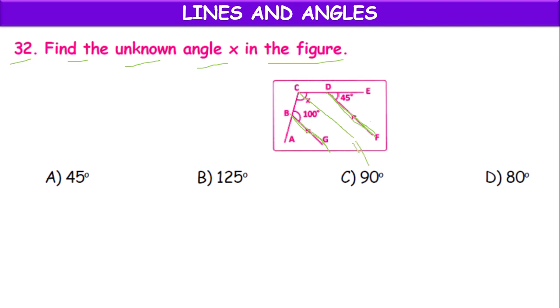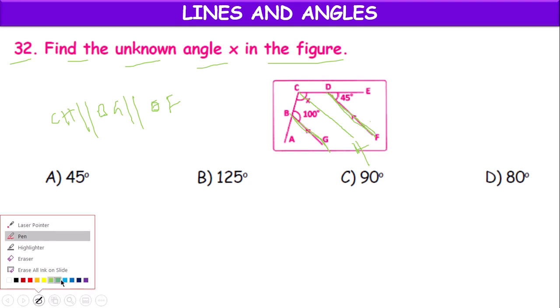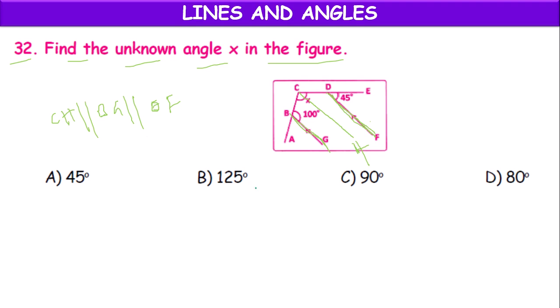Let us name it as CH. Now CH is parallel to BZ and it is parallel to DF.